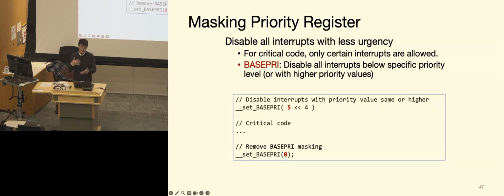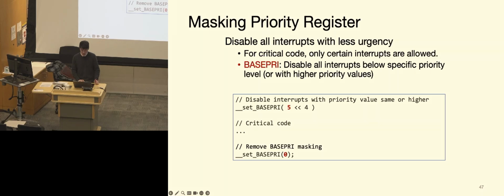You don't want some lower-priority or random interrupts to jump in and break your program at the moment, which is where the BASEPRI register comes in handy. It's called the base priority mask register.